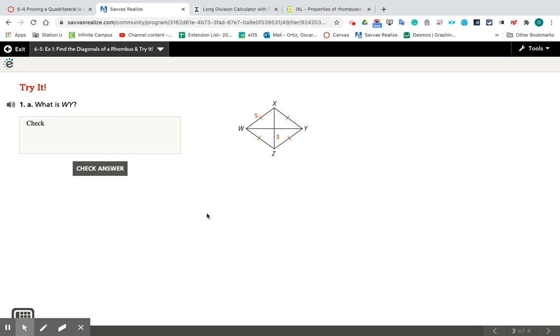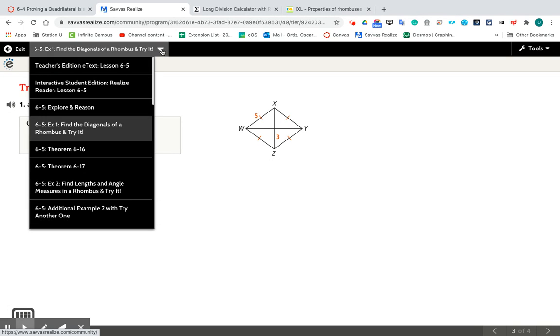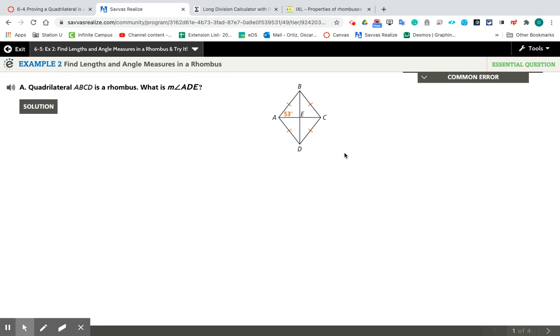Okay, so then we check quickly example 2, in which we are going to try to use these properties to answer questions about a rhombus. So here they're asking us what's the measure of angle ADE, and we just went over this: angle BAE and the angle EAD are congruent.